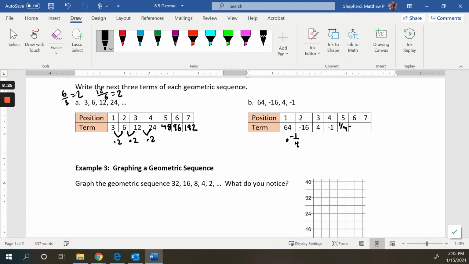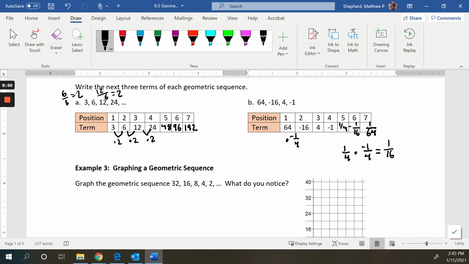So positive times a negative will be negative, and we're going to get 1/16, because 1 times 1 is 1, 4 times 4 is 16.